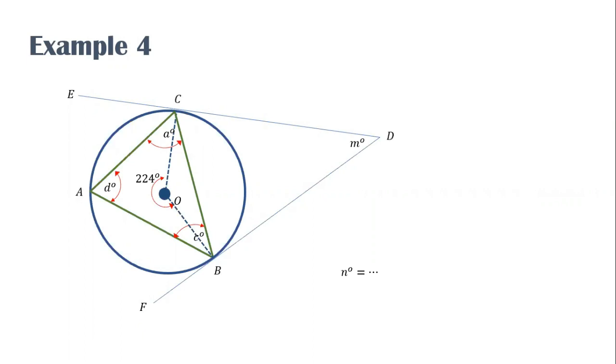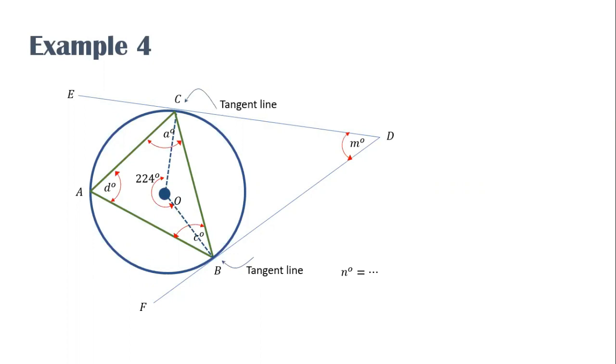Line ED and line FD are tangent lines, and they intersect at point D and are covered by m degrees. So point B and C are tangent points.